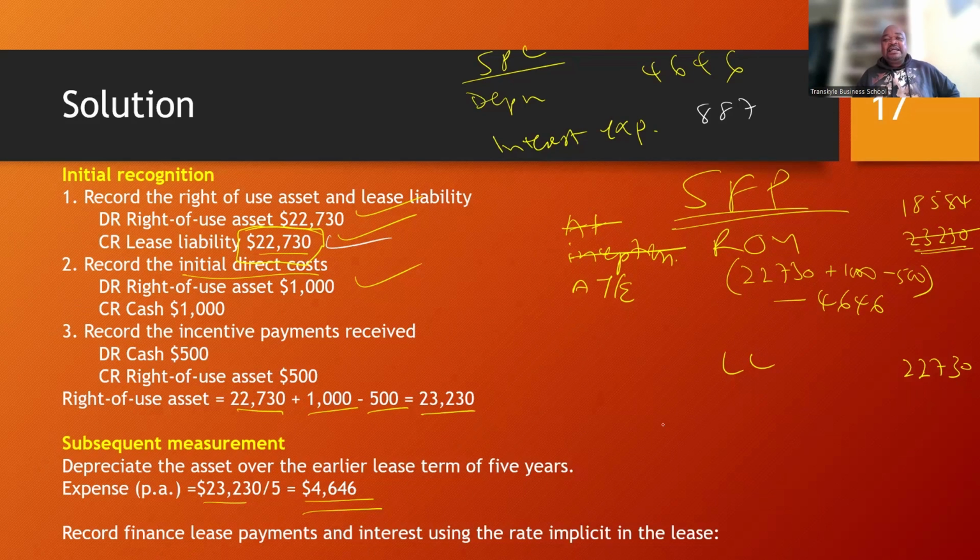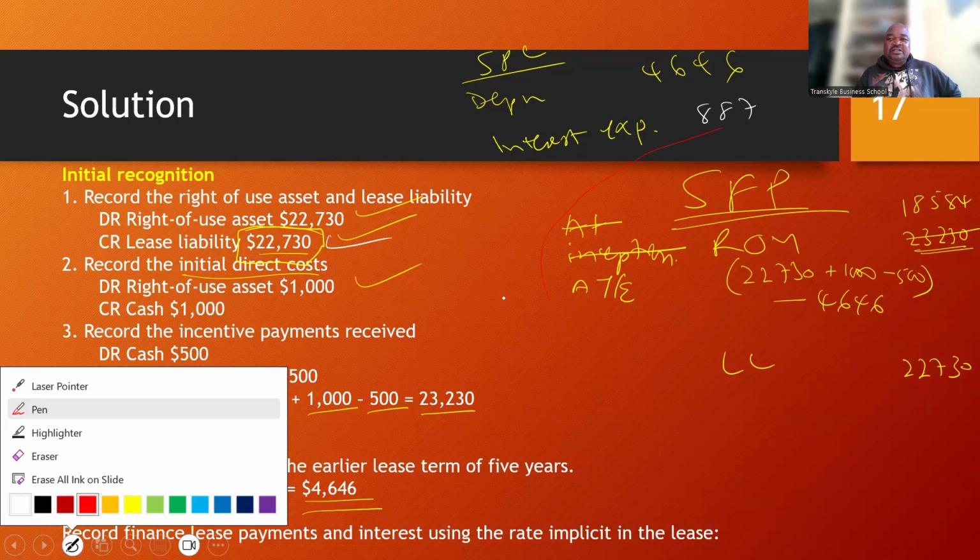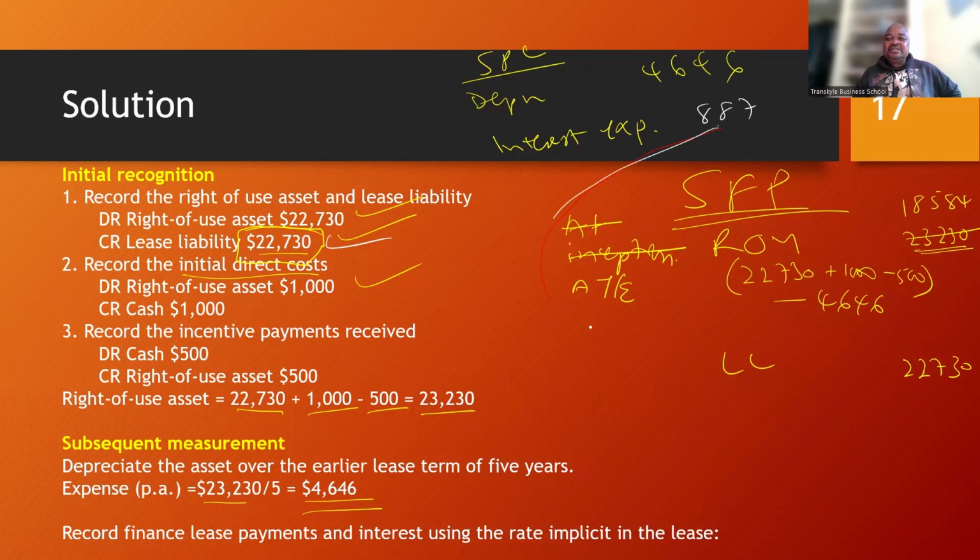So what then happens is that as we recognize the interest expense, we also have to increase the lease liability. The lease liability is increased by the same amount, so we add the interest expense, 887, minus any payment, the payment of 5,000.